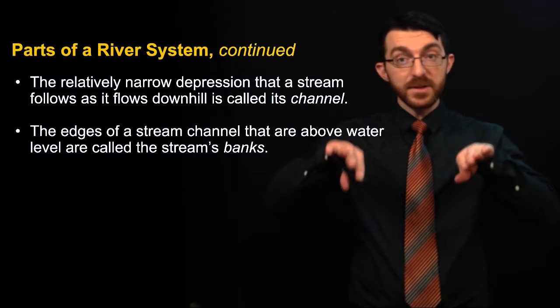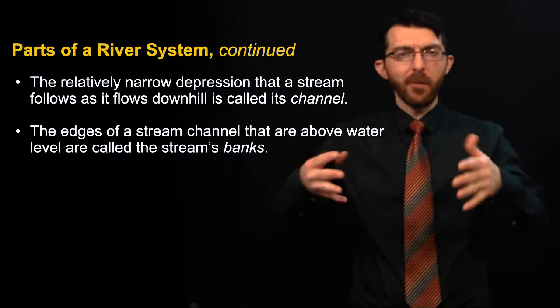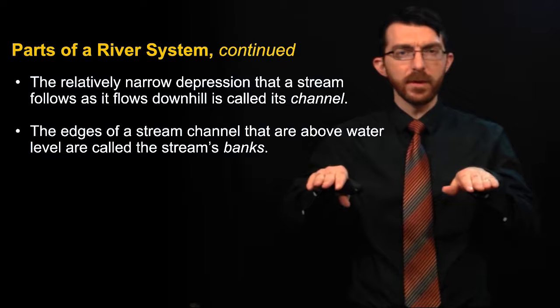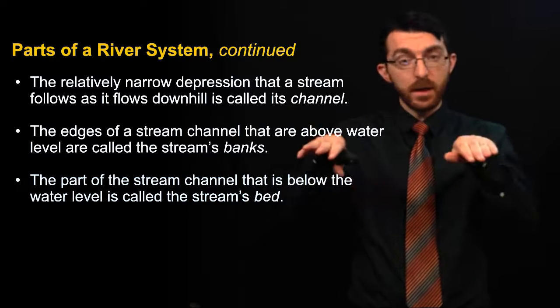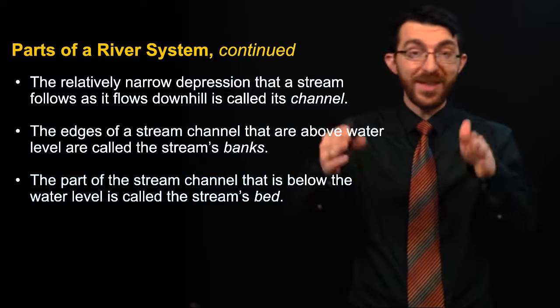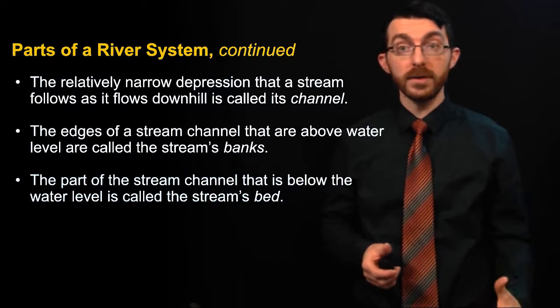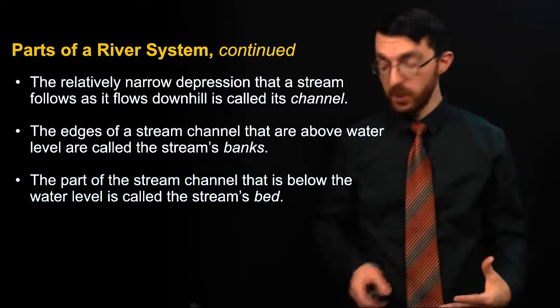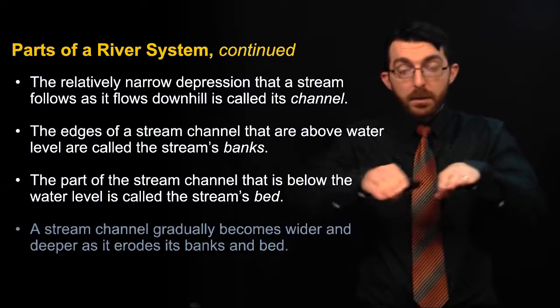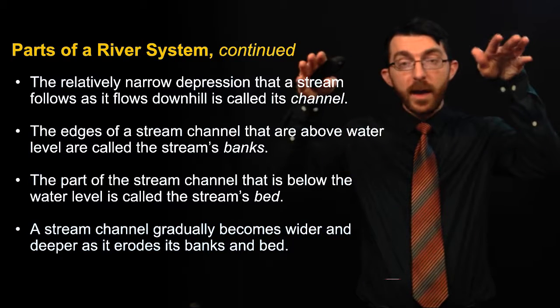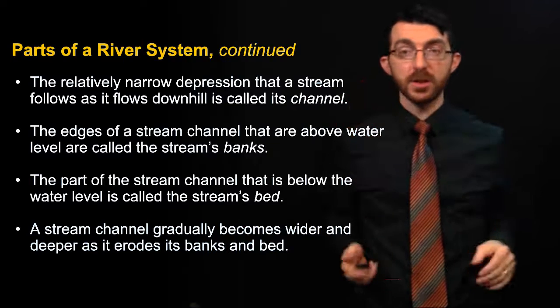So it's the edge of the channel, right? And, you know, river bank is the edge of the river. It's the part that's above the water level that's at the edge of the channel. So the part of the stream channel that is below the water level is called the stream's bed, right? So you've got bed, banks, and that whole depression is called the channel.